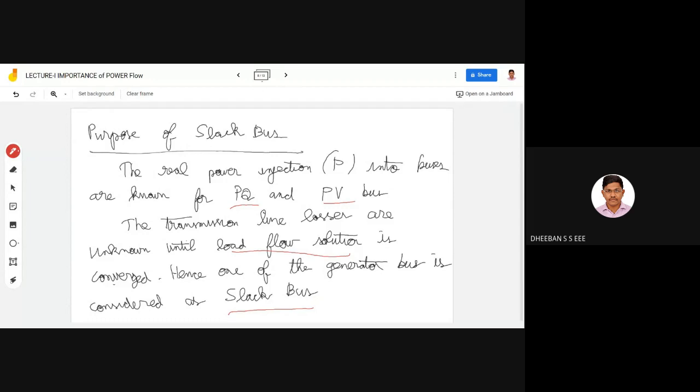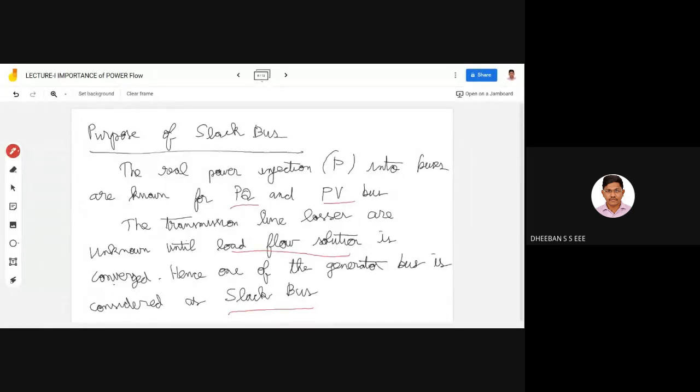So before getting into the load flow, you have to form your Y bus matrix. When you are forming a Y bus matrix, if you don't know any per unit value, it is you who have to find the per unit value.